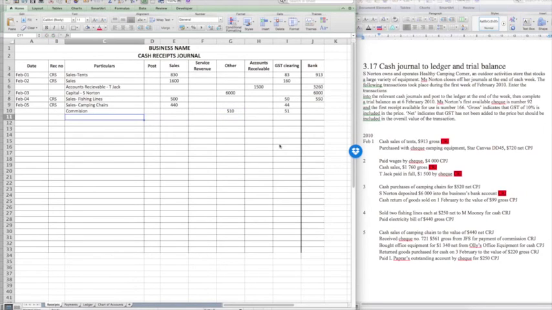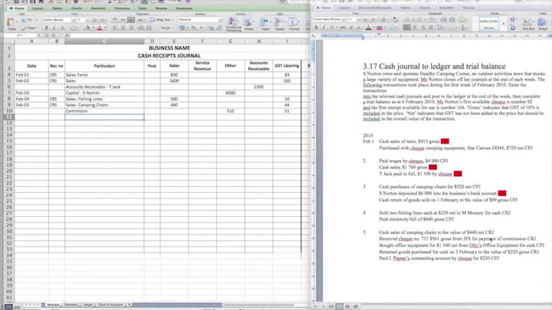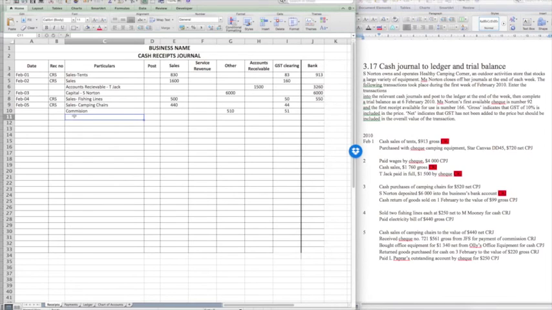Last thing that happened on February the 5th, we had returned goods. So these are goods that we purchased for cash on the February the 3rd. So I'll pop them back into here, into the cash receipts journal, because we had money coming in. So they'll go in as inventories, purchases, return.